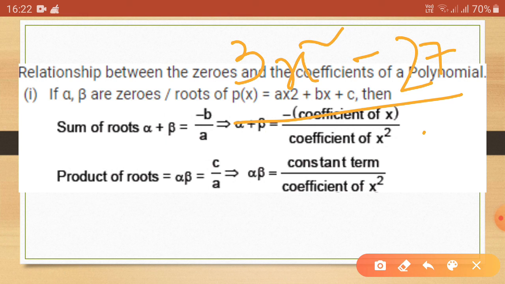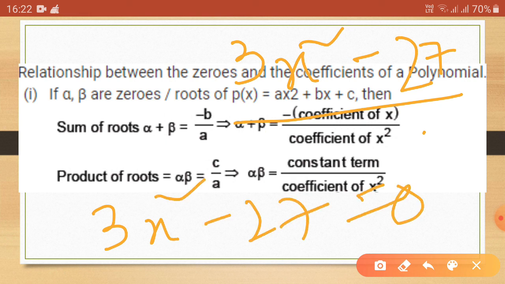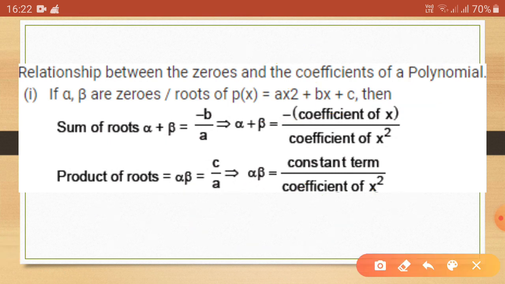To do this, we set the polynomial to 0 in the form of an equation. So we are writing 3x square minus 27 equal to 0. Obviously we have to transpose this value to the right side. Ultimately we get 3x square equal to 27.